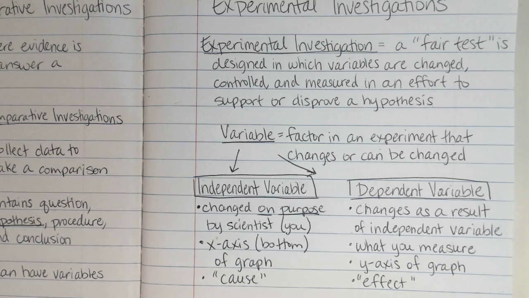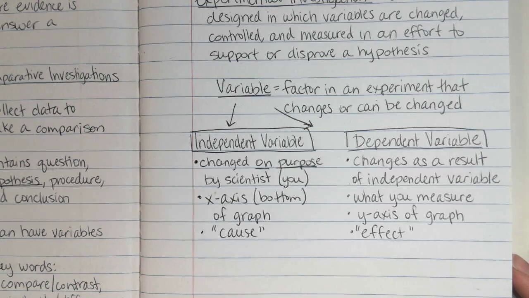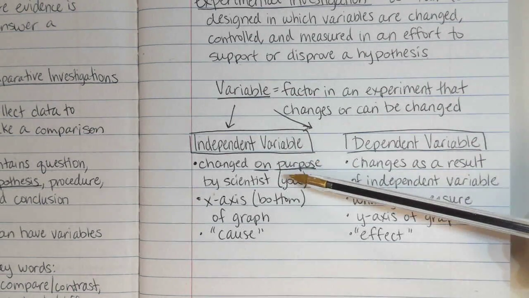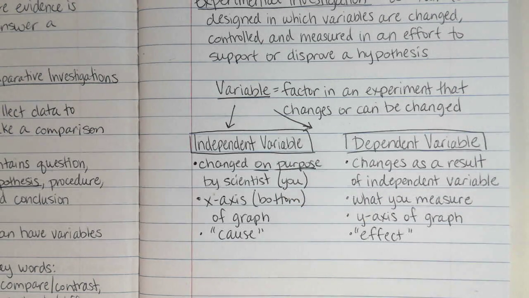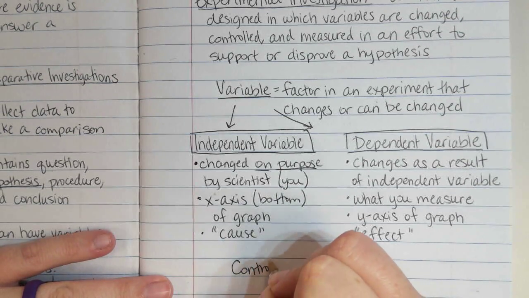Now, I mentioned earlier that the experimental investigation has to be a fair test. If we're testing a particular variable, we've got to have a normal group, one that's not affected by the variables or that has a norm that we can compare it to. And that's what we call the control group.